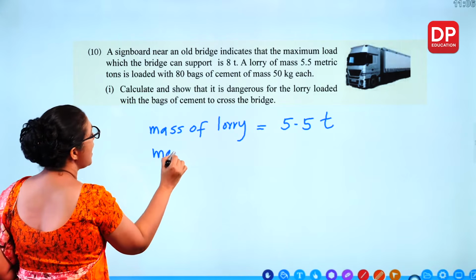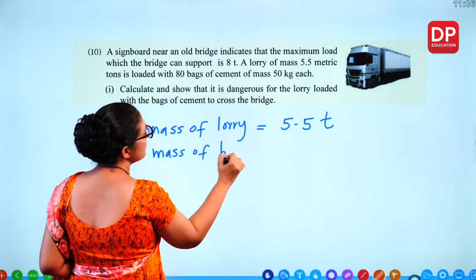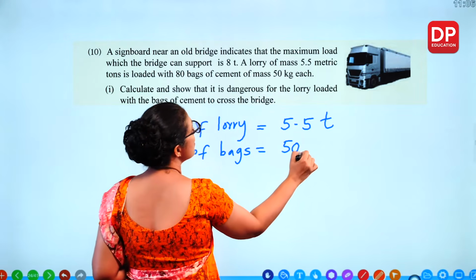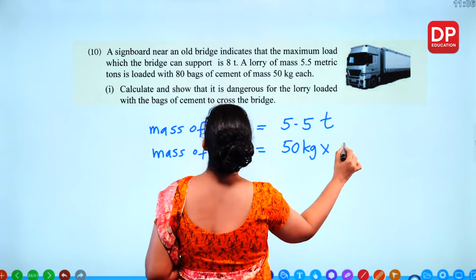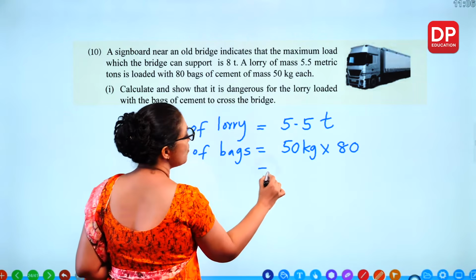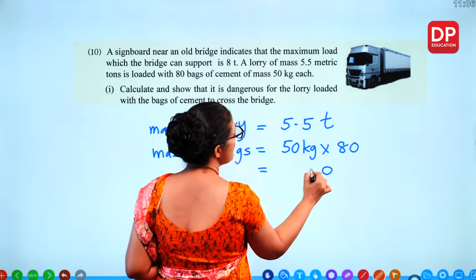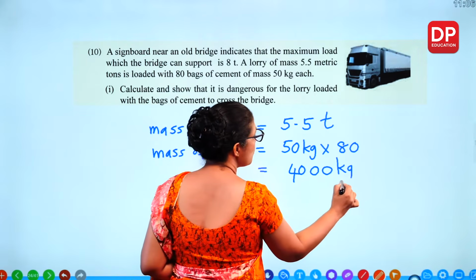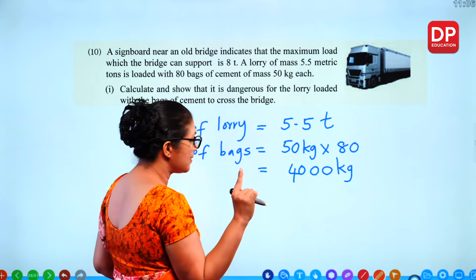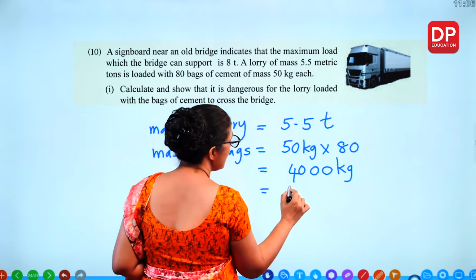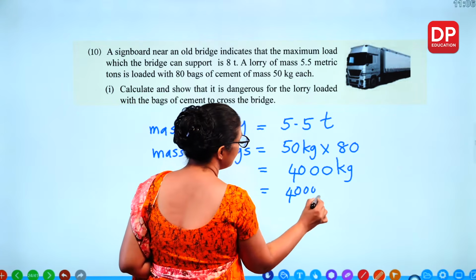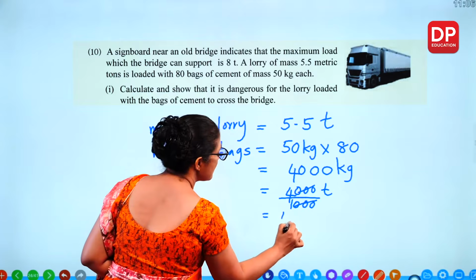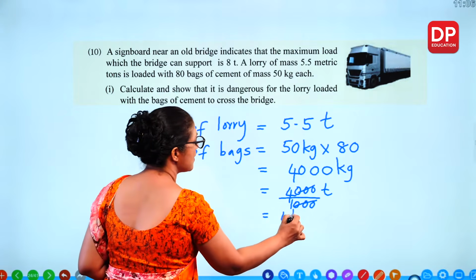So mass of bags, 50 kilo each. And how many bags are there? 80 bags. So when you multiply 5 times 8, 40, and the zeros, 4,000 kilograms. So 4,000 kilograms means how many tons? You have to divide by 1,000 to get tons. So 3 zeros get cancelled out, you get 4 tons.